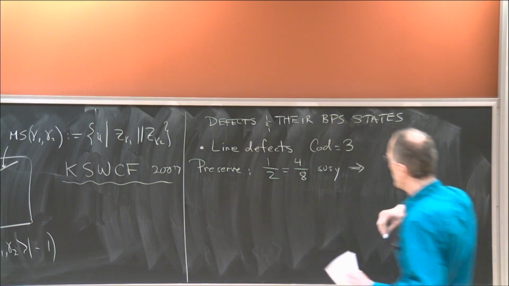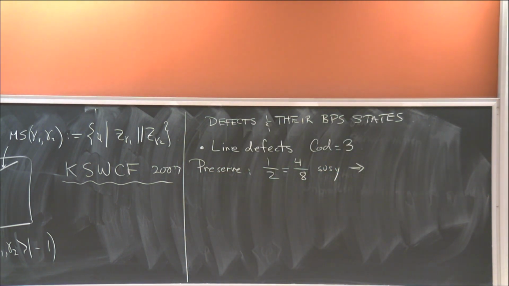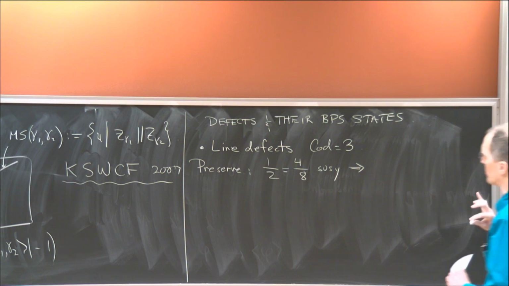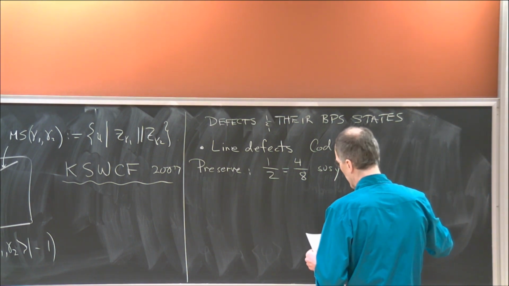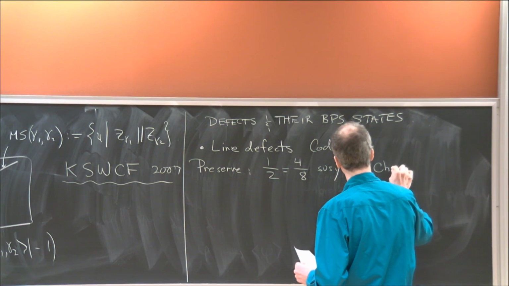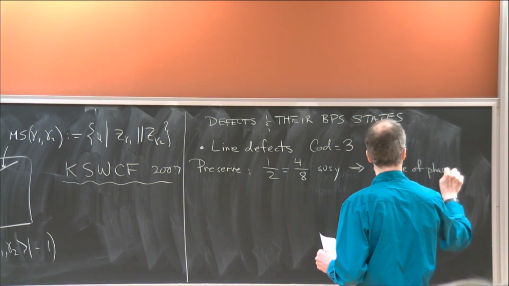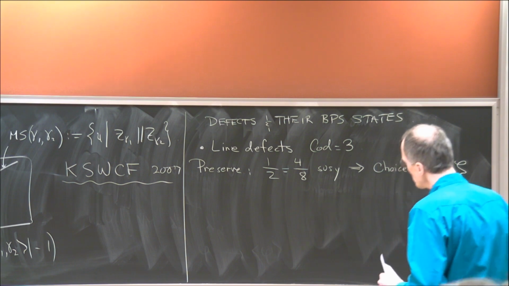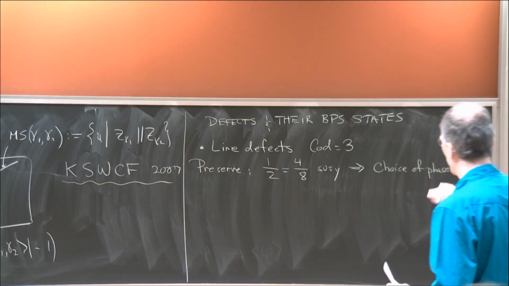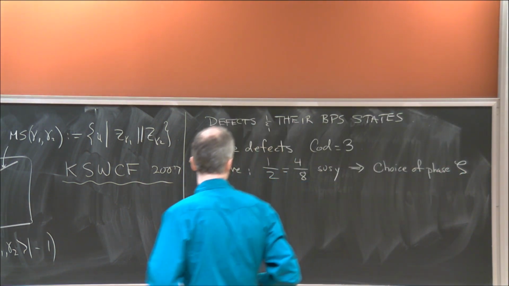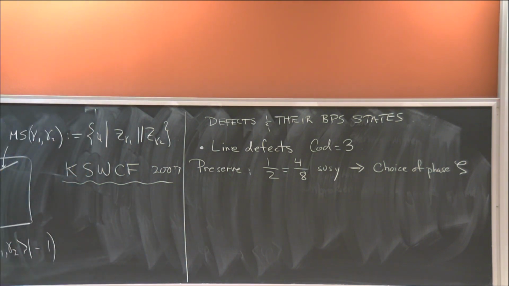And we have to say what four-dimensional subspace of the 8-dimensional space of all the supercharges we take, and that implies that you need to make a choice of phase zeta. So there's some four-dimensional families of supersymmetries that are preserved by these line defects, and they depend on a choice of phase zeta.